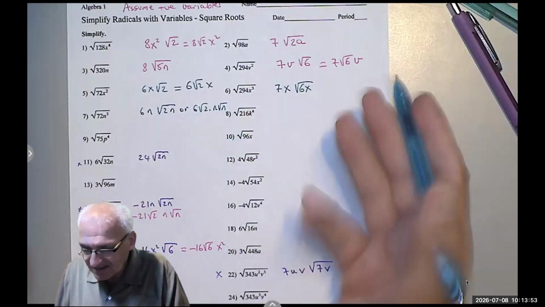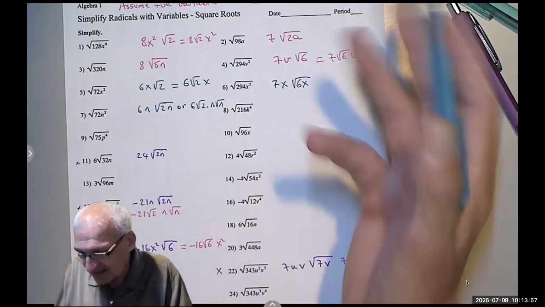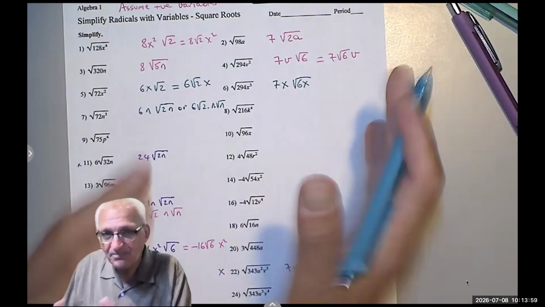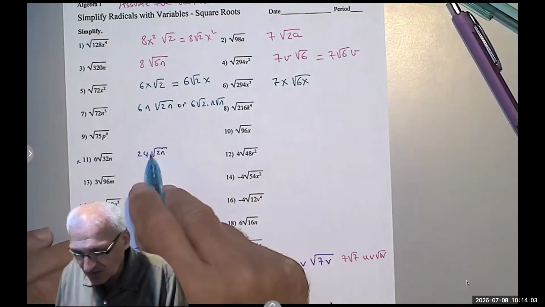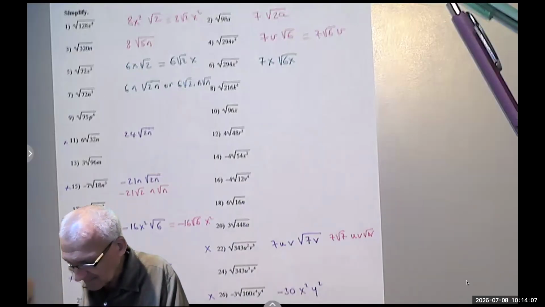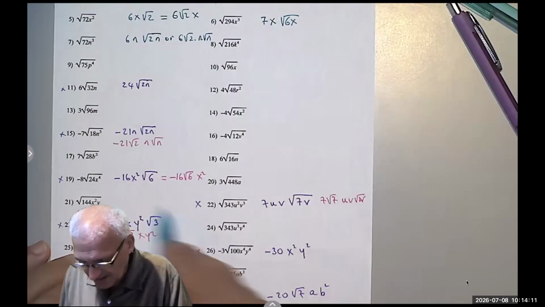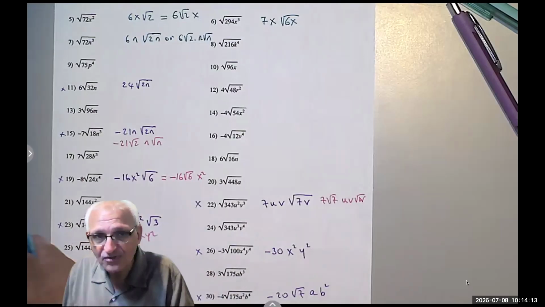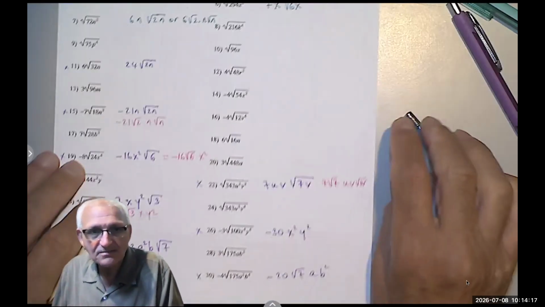Well, two roots in the same expression. Since I cannot separate numbers and variables, I leave it as it is. Like this one, I leave it as it is. But it's better, as I said, if they can be separated, like these guys, to write the numbers first, then the variable. It's not wrong to leave it like that, but it doesn't look nice.